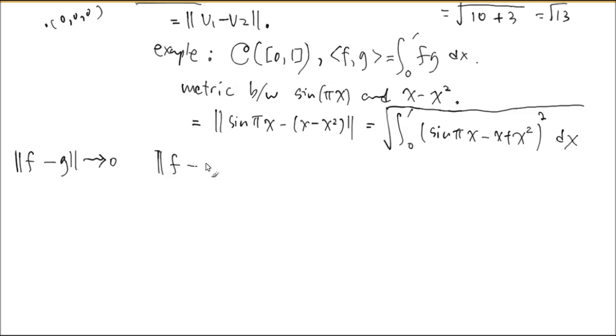Let me just use the squared version. If it is close to 0, the square is close to 0 as well, right? So just to ease that part, that's the integral from 0 to 1 of (f minus g) squared dx. That was the definition I introduced, right? If it is very, very close to 0, why should I believe these two functions are almost the same function? That's what I have to explain.